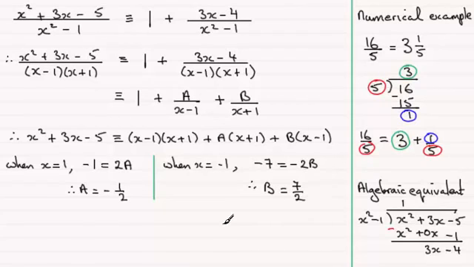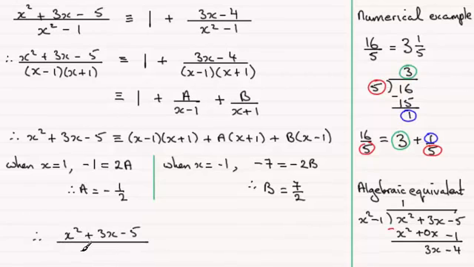Okay? So all we need to do now is just substitute our values of a and b back into our identity. So if we start with x squared plus 3x minus 5, then all divided by x squared minus 1, we can see that this is identical to the 1. Okay. Then it says plus a over x minus 1.